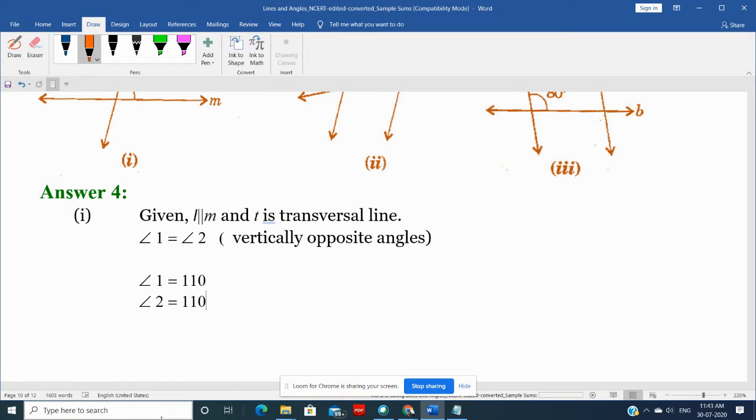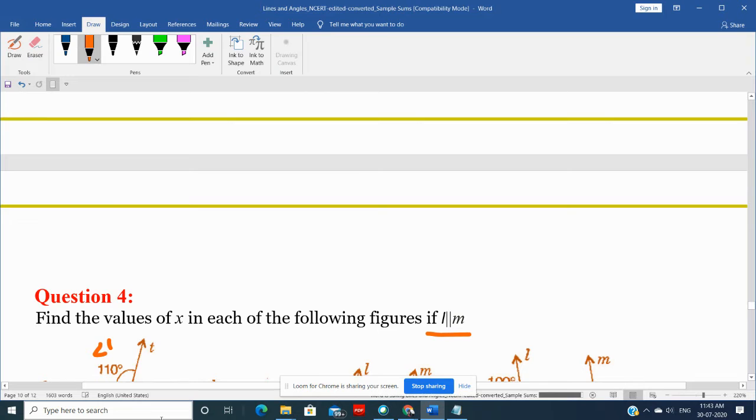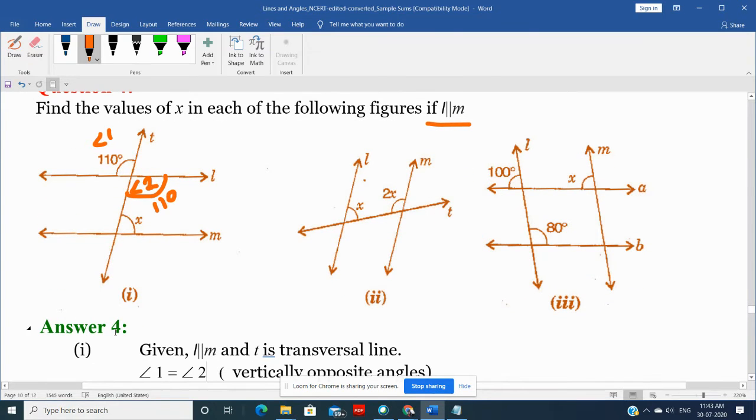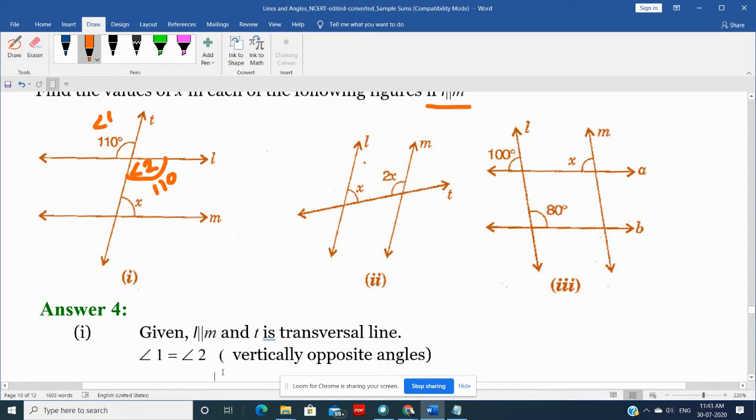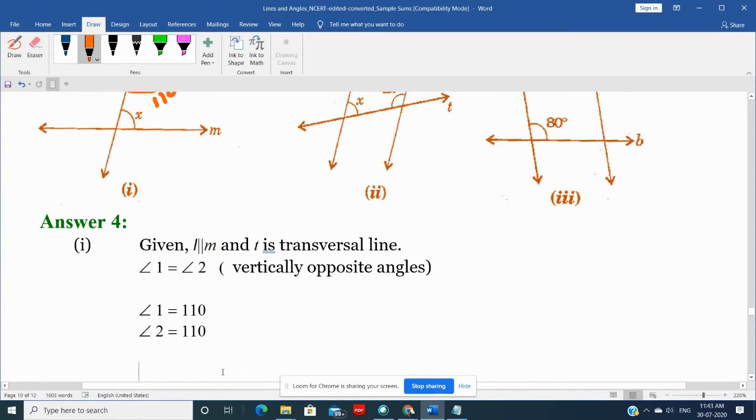Now, looking at the figure itself, we know that 110, that is angle 2, and x are interior angles on the same side of the transversal. So we will apply the property that interior angles on the same side of the transversal are always supplementary, meaning they sum up to 180. So that's what we will write down here.